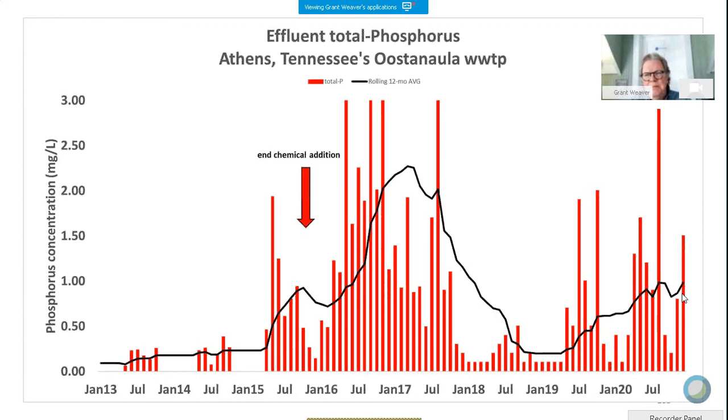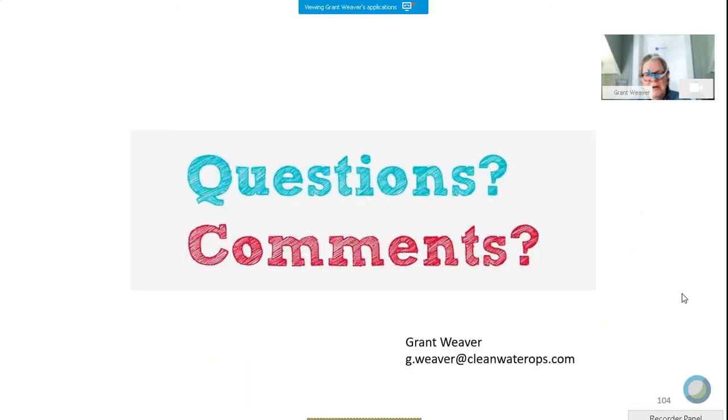So we're going to be with you while you transition. So sure enough, they did. And even though I'm showing some spikes up there, it's continued to improve the phosphorus number.